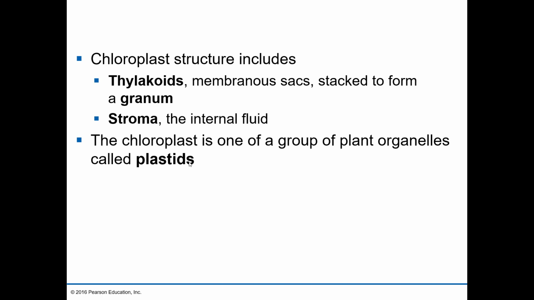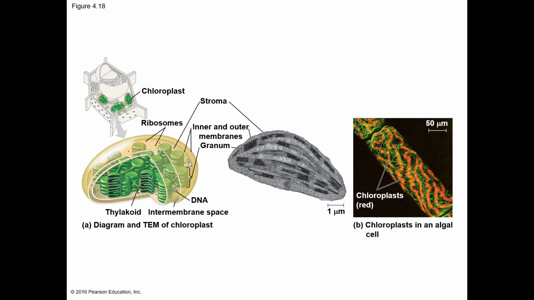Chloroplast is one group of plant organelles called plastids. So here we see the thylakoids are each individual stacked thing, and they make up the entire granum, and then that space in the center is called the stroma.